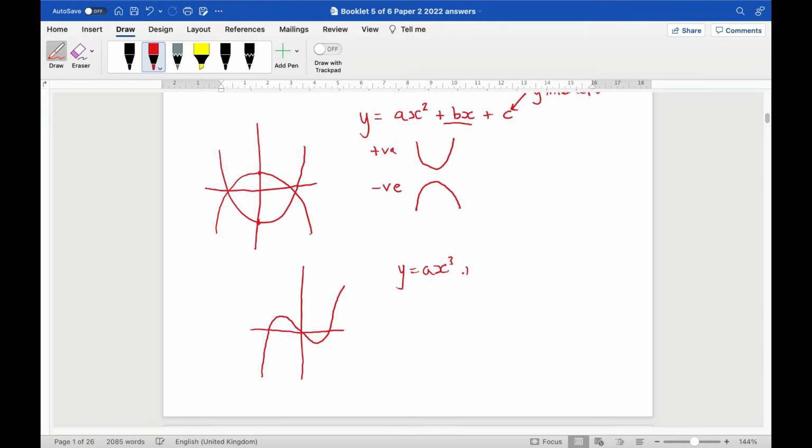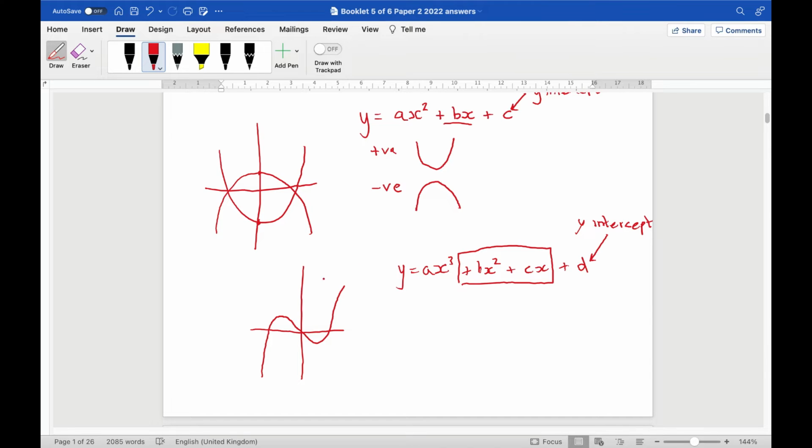Now, there may or may not be some x squareds. There may or may not be some x's. Doesn't change anything. However, there is likely to be, like the other ones, a loose number on the end, and again, that loose number is the y-intercept.